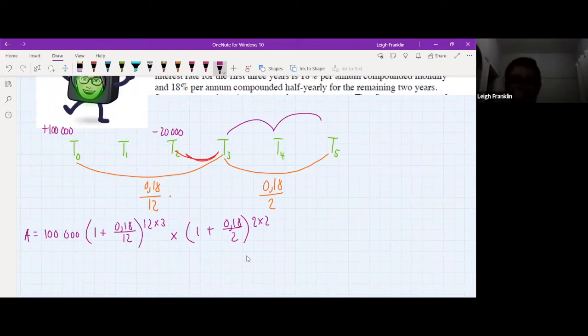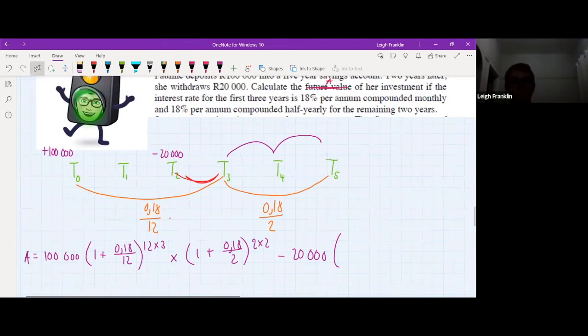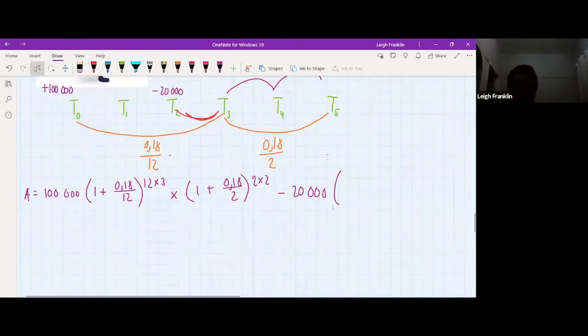From that, we are going to subtract the 20,000 Rand that comes out, including the interest. Because she's not only going to lose the 20,000, she's also going to lose the interest that she would have gained on that money.